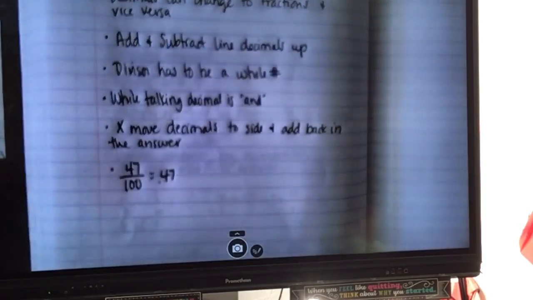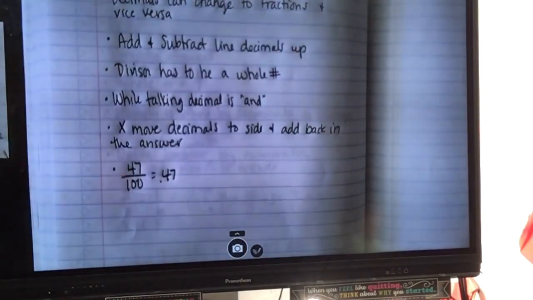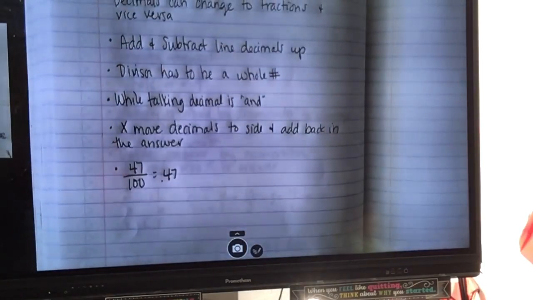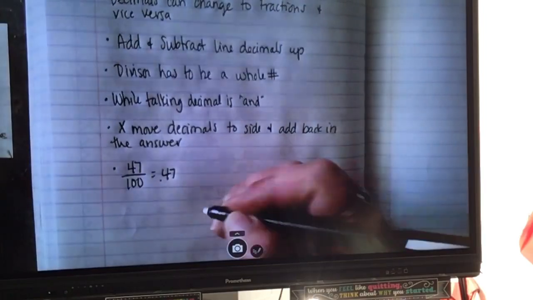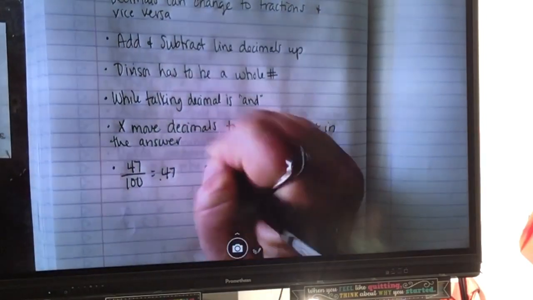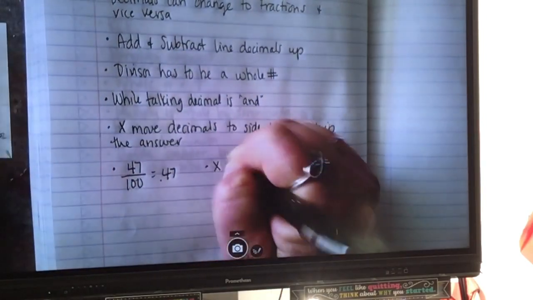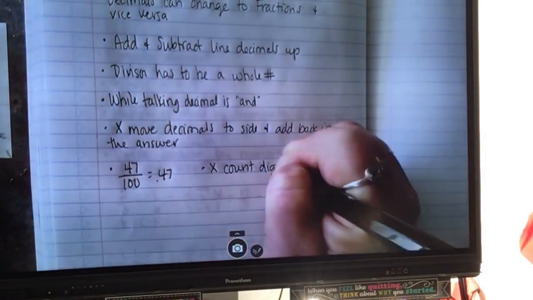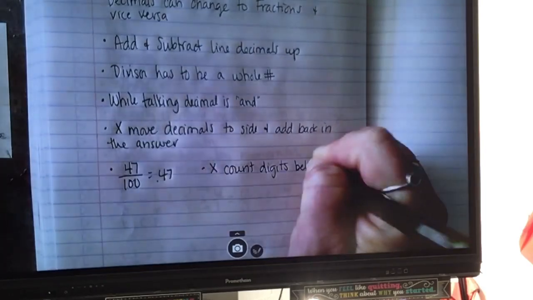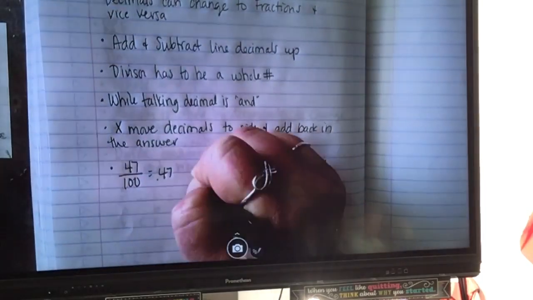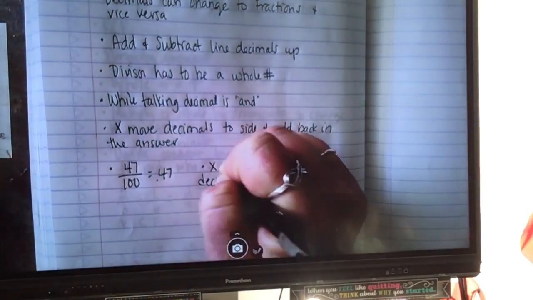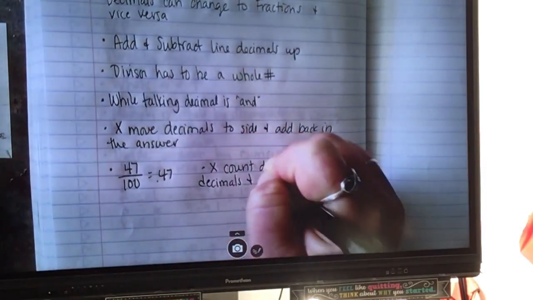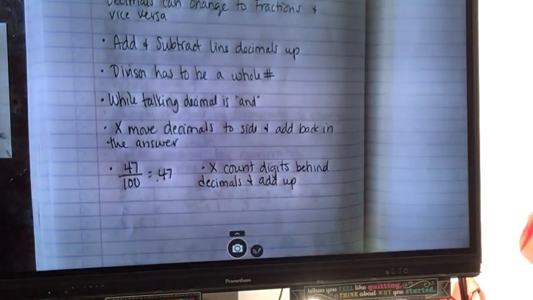Jasmine, sit up there. What else did we write? Anybody write? Emma. When you multiply, you need to count the digits behind the decimals and then add them up. Alright, what else?